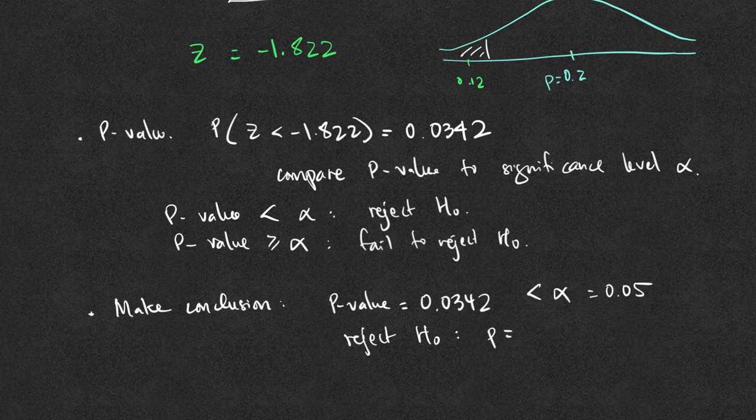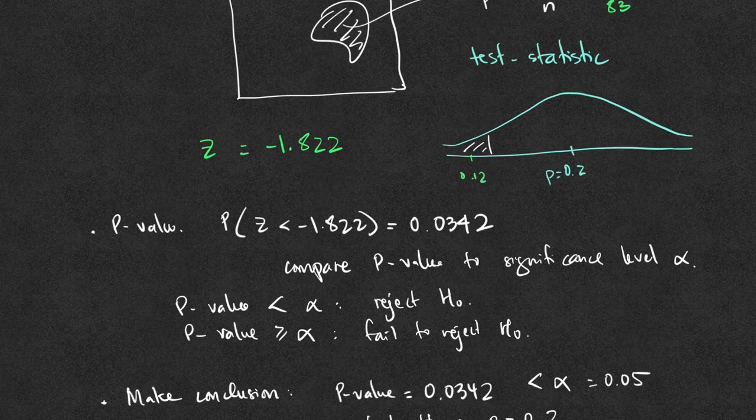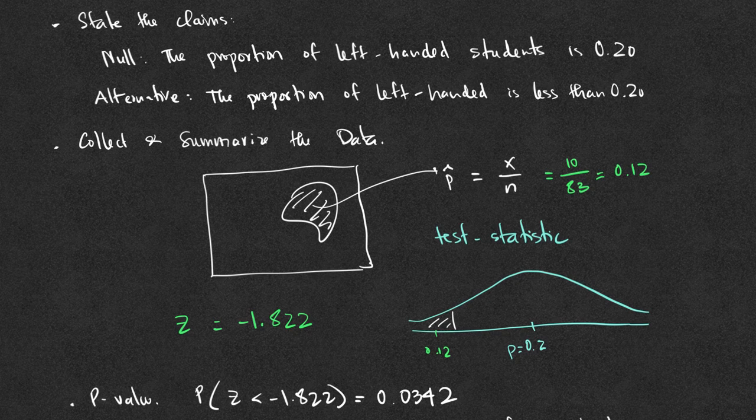Keep in mind that the null hypothesis is the statement of indifference where we assume that the proportion of left-handed students is 0.2. But if we were to reject the null hypothesis, then we would have to informally accept the other claim, which is the alternative. And the alternative claim is that the left-handed proportion is less than 0.2.